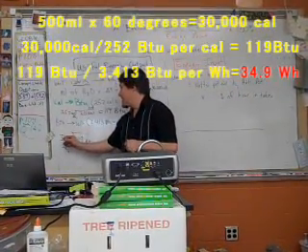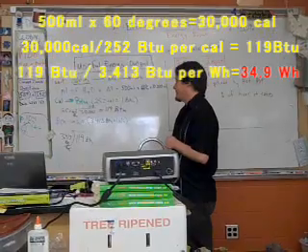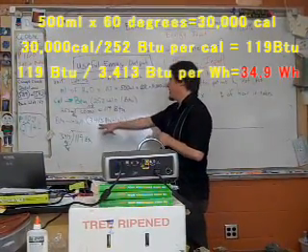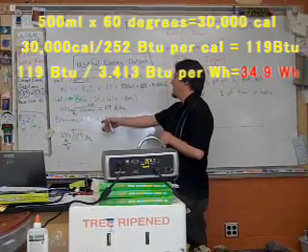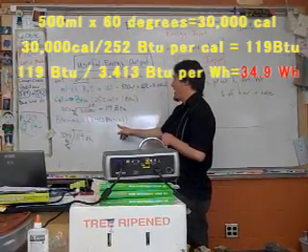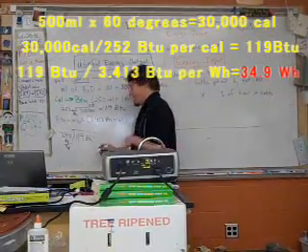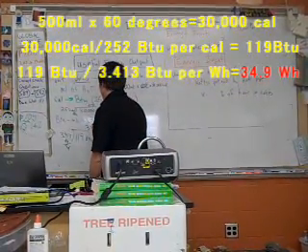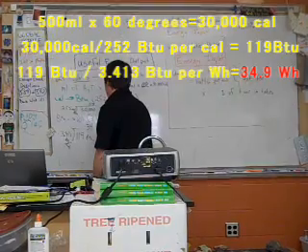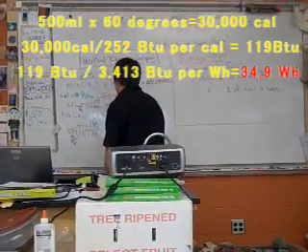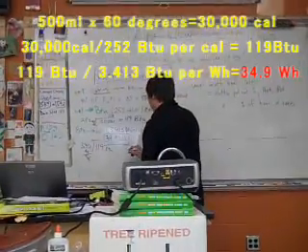In other words, if 3.4 BTUs make 1 watt hour, you divide and get 34.86. We'll call it 34.9 watt hours. And so that's our answer for useful energy output.